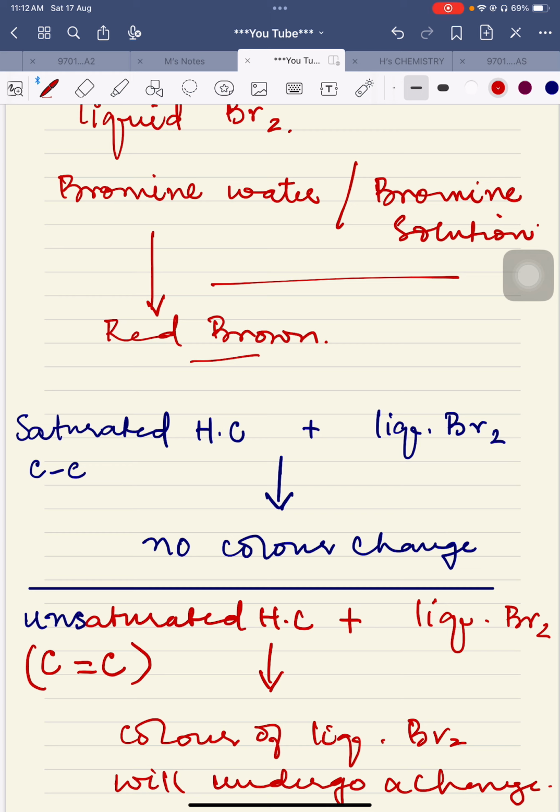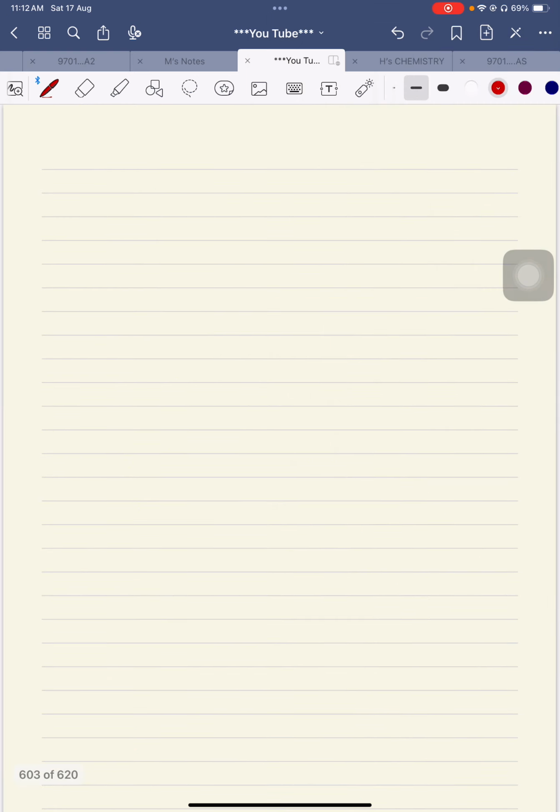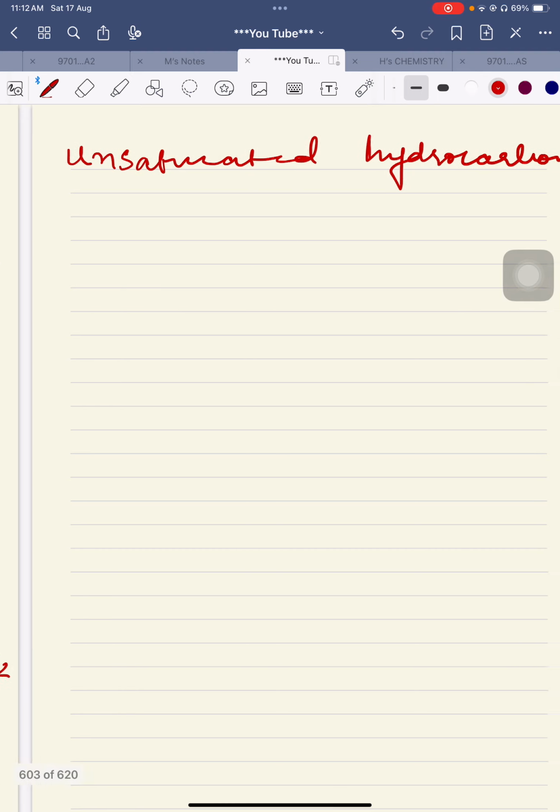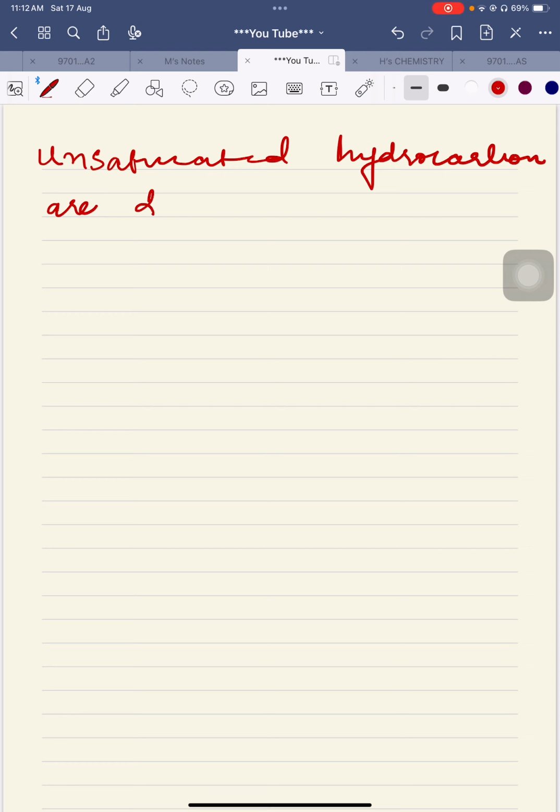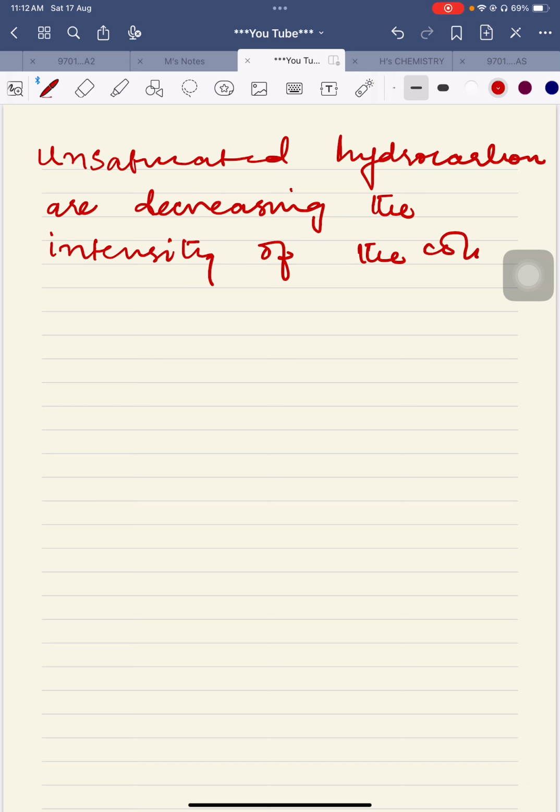Okay, decolorizes the liquid Br2. That color will not be there. Okay, and it is going to decrease in the same shade with lesser intensity. Okay, I am telling it to you here. Unsaturated hydrocarbons are decreasing the intensity of the color of liquid Br2.